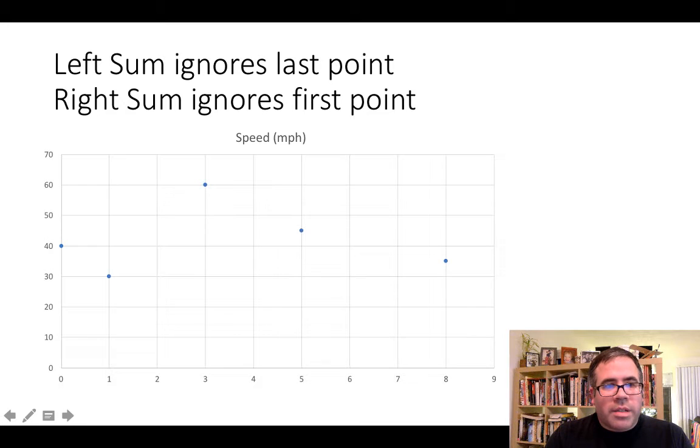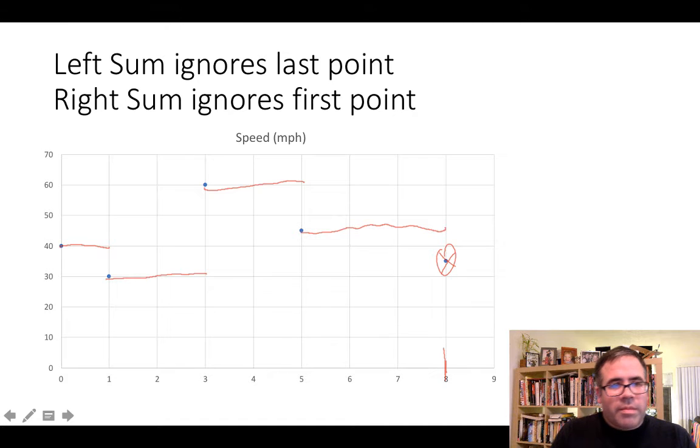So this is our example from last video, just displayed graphically. If we draw out the left sum, we find all the areas of these rectangles. It ended at 8. The left sum ignores this last point. It's completely not used in the process of finding the left sum.